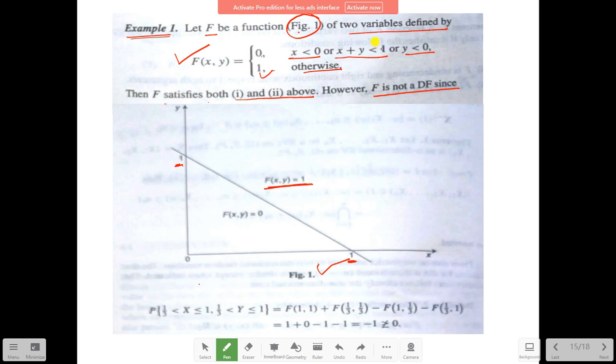It means we have the condition x plus y is less than 1. With the help of the given condition, we draw this graph, or this graph is already given in the problem. F is not a distribution function, because this function already satisfies condition 1 and condition 2 given here.